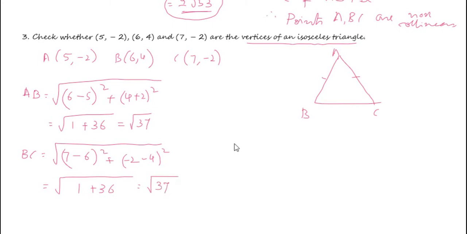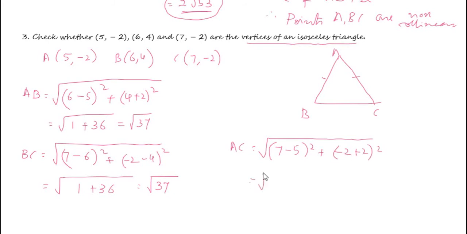Now the last side, let us find out AC. AC equal to square root of 7 minus 5, x2 minus x1 whole square plus y2 is minus 2, y1 is minus of minus 2, that is plus 2 whole square.